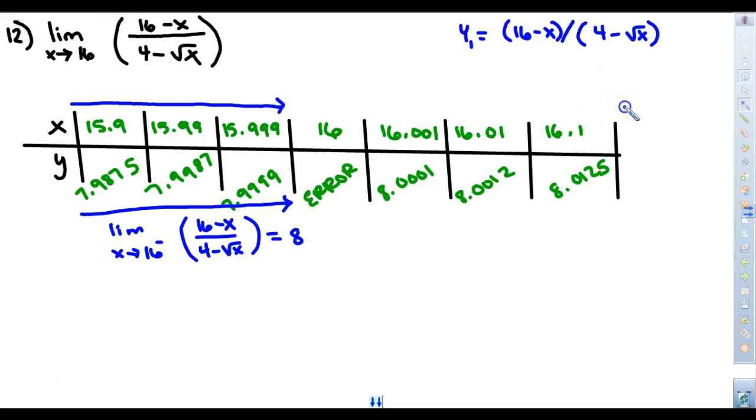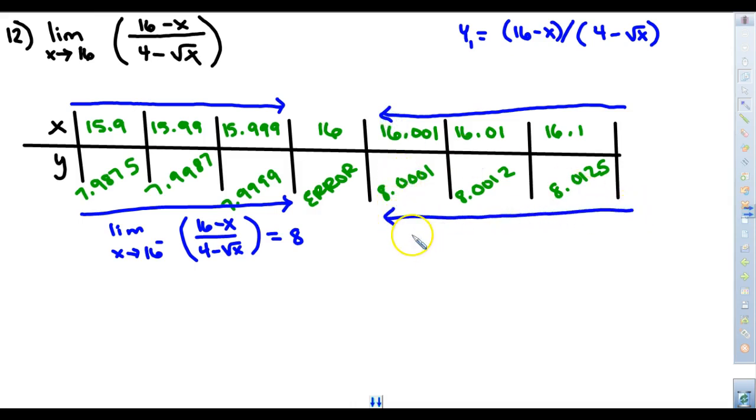Come over here. As x approaches 16 from the right, what is y approaching? I would say it's safe enough to say 8. The limit as x approaches 16 from the right of all that is 8. Your limit from the left is equal to your limit from the right. Therefore, your limit is 8.